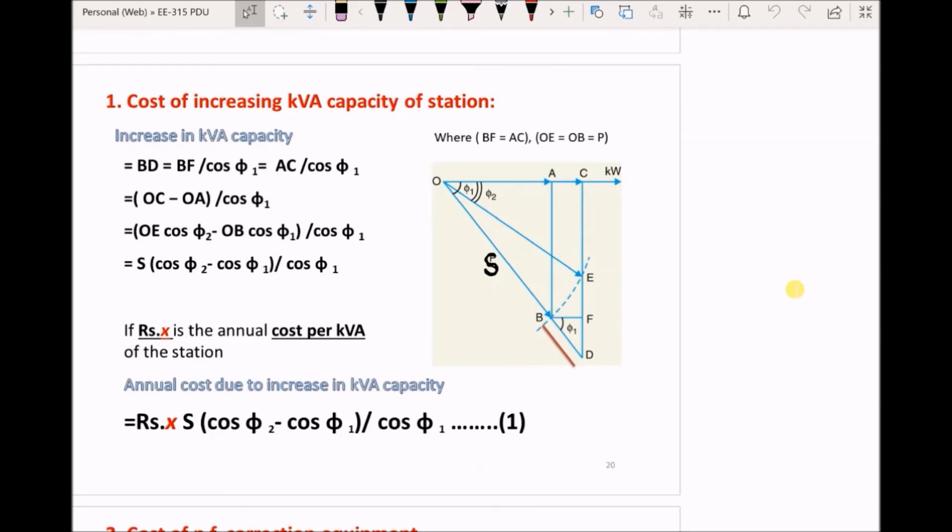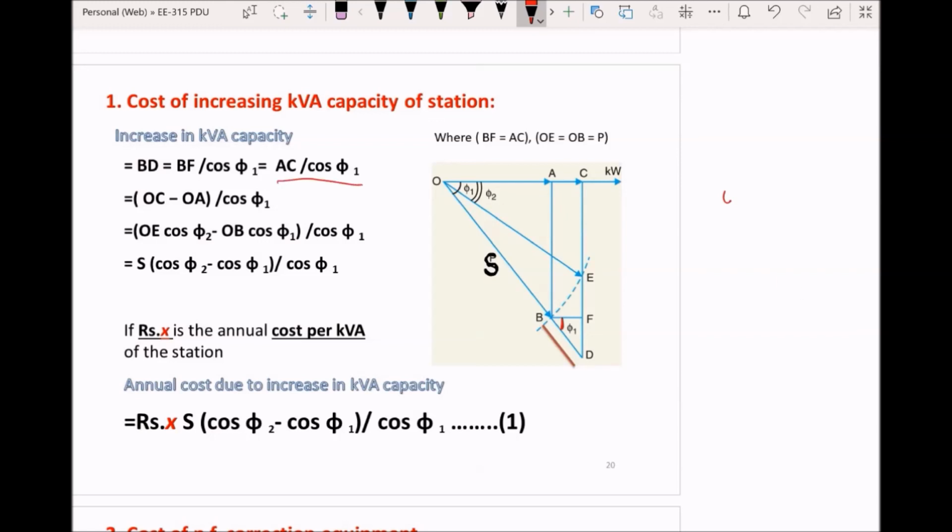If capacity is increased at the same power factor, then this angle is going to remain phi 1. So BD, which is the hypotenuse here, can be calculated as BF divided by cosine of phi 1, or it can be equal to AC divided by cosine of phi 1.